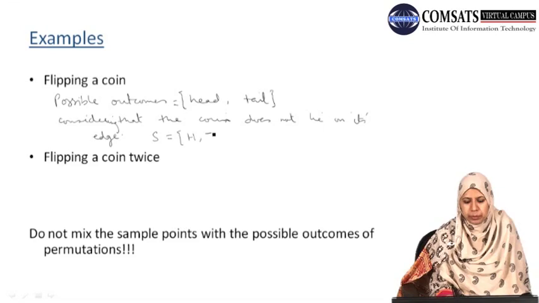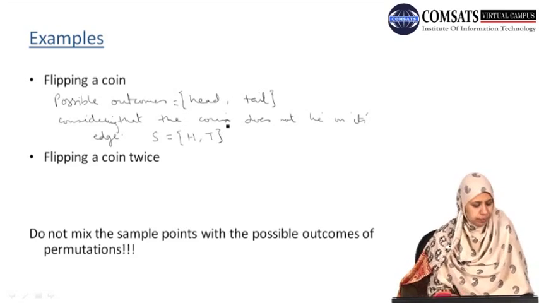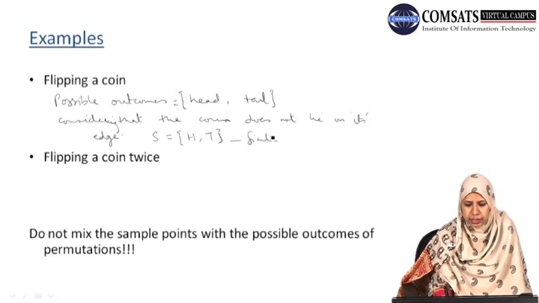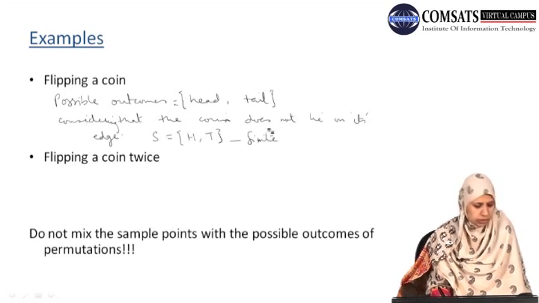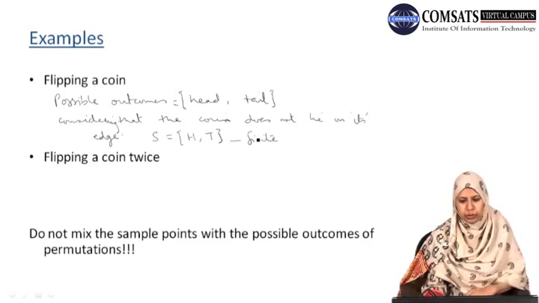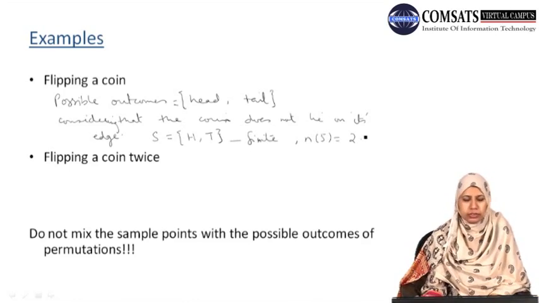One outcome will be head, denoted by capital H, and the second outcome will be tail, denoted by capital T. And this is a finite sample space. Clearly we can see that the sample points are only two, and our given sample space is a finite sample space. So what is the size of the sample space? That is the number of sample points, which equals 2.